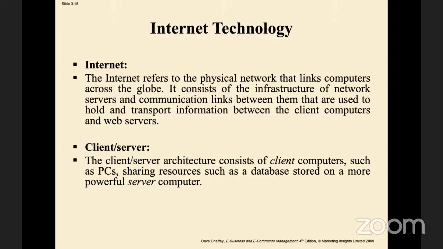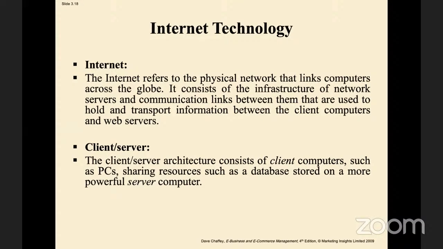Okay, here comes the concept of internet technology. What is the internet? The internet refers to the physical network that links computers across the globe. So obviously the internet is a medium that links all the servers or computers around the globe, using the Wi-Fi option or the networking cable option.